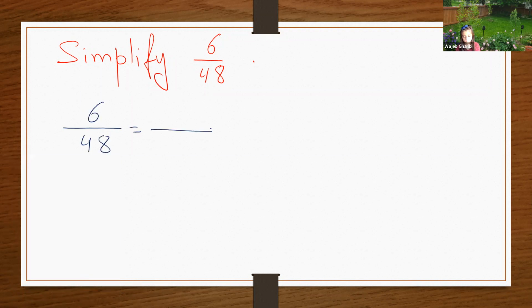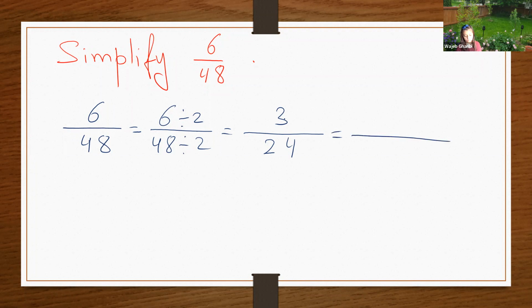We have to divide numerator and denominator by the same number. 6 is divisible by 2, and 48 is divisible by 2 as well. So we divide 6 by 2 and 48 by 2. 6 divided by 2 is 3, and 48 divided by 2 is 24.